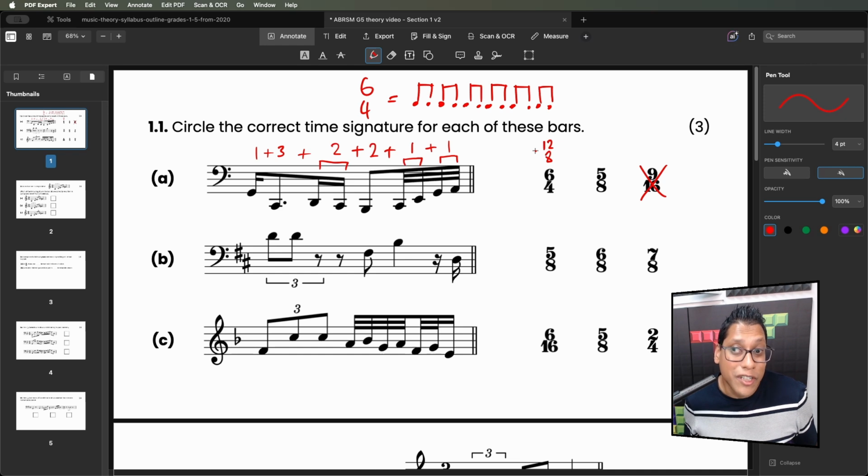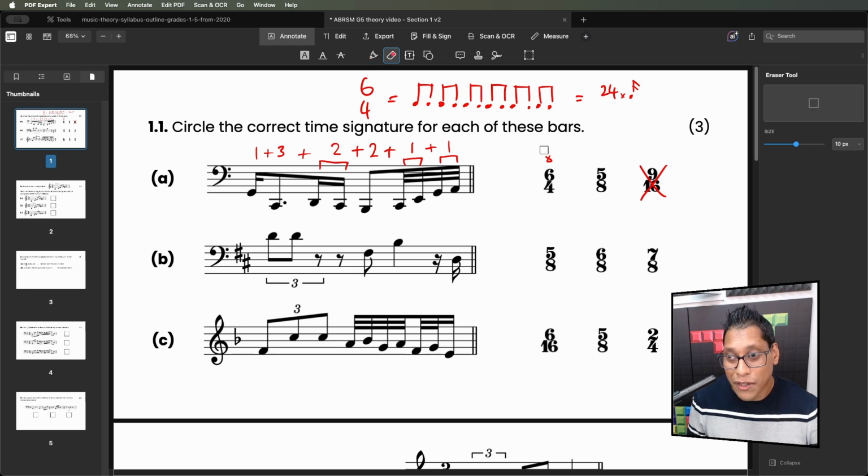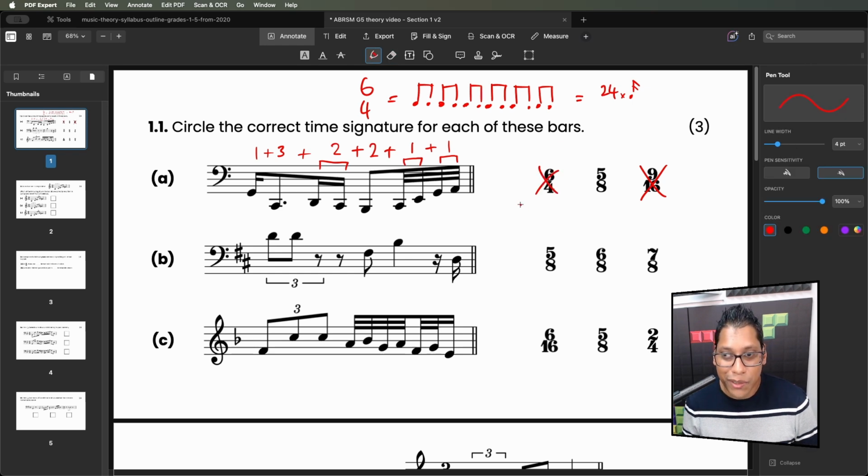If we double the number of quavers to get semiquavers, that would end up with 24 semiquavers. So 12 quavers equals 24 semiquavers, which is way too much. We only have 10. So I've worked out that it can't be 6/4. We don't have enough semiquavers for that time signature. Therefore, the answer has to be 5/8.